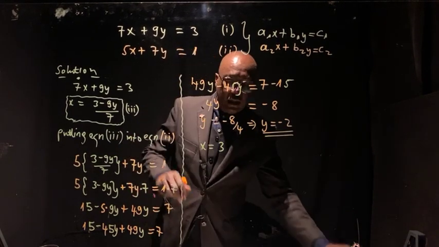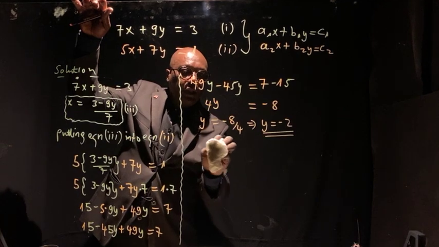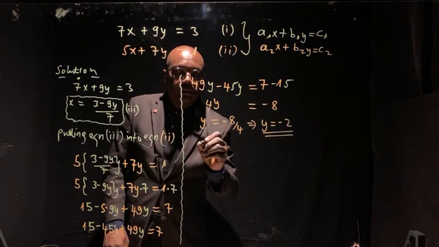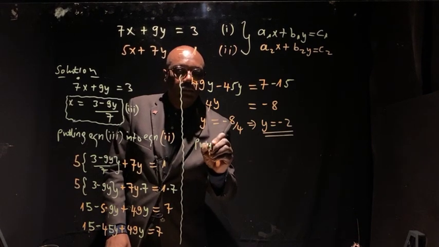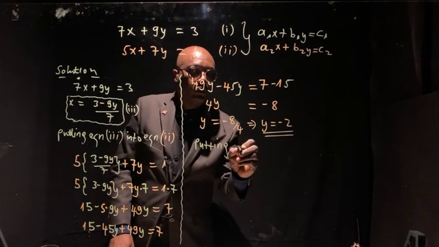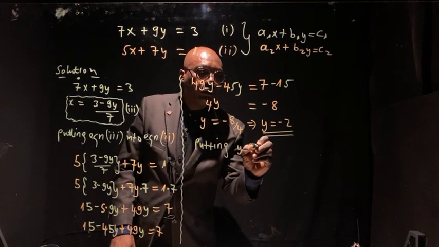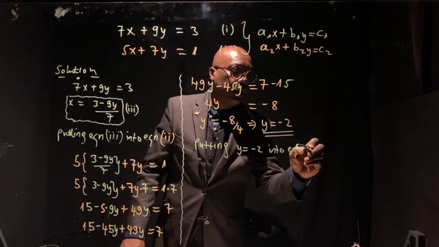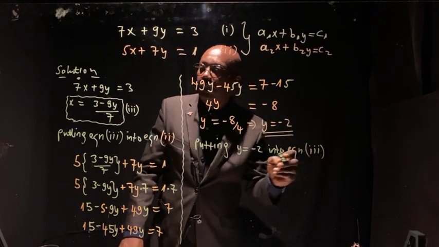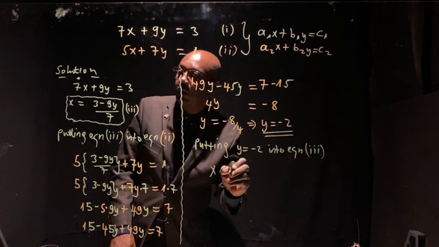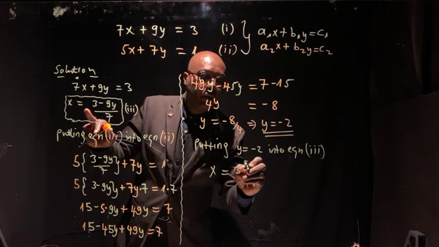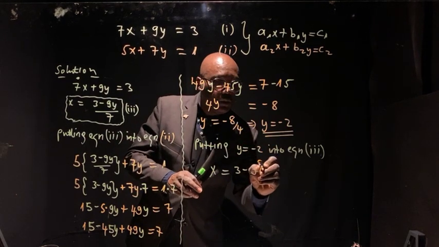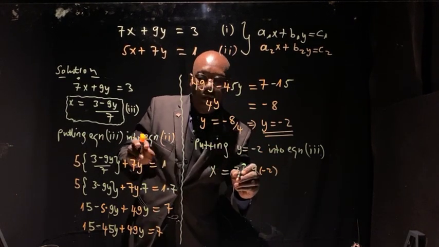Okay, I think I have to make it more clear. Put y equal minus 2 into equation 3. You have x equal 3 minus 9y. What is y? y is minus 2 over there, then over 7.